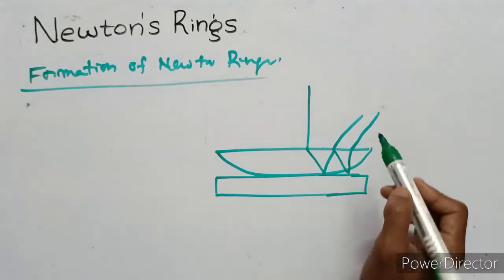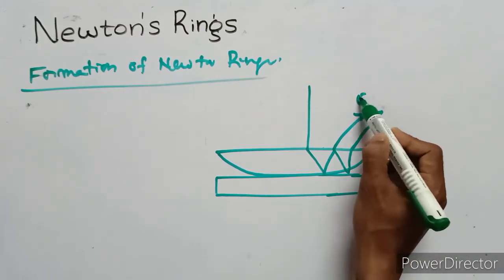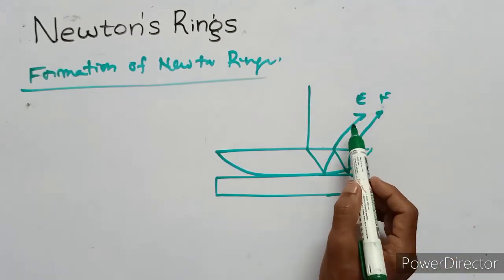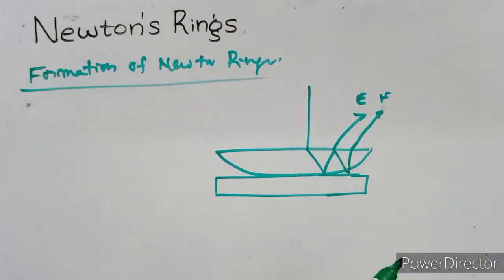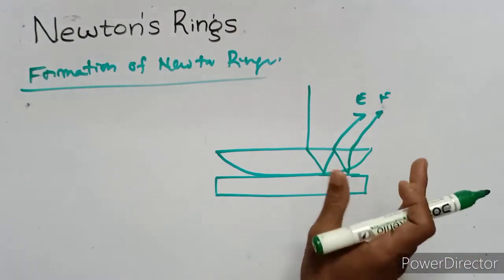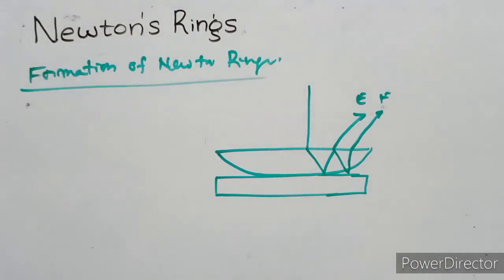These two light rays, E and F for example, are superimposed and produce the interference pattern, which is formed as a ring pattern.